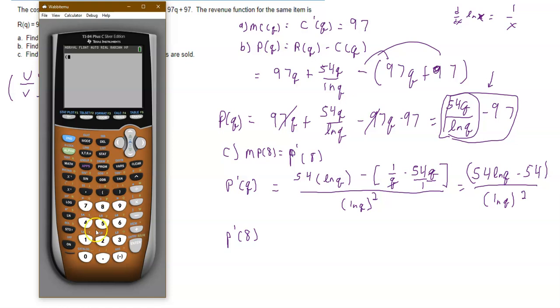So I'm going to do open parentheses, 54, and then log of 8. Then I'm going to subtract 54, and then I'm going to close parentheses. So that is my numerator. Then I'm going to divide by, open parentheses, the log of 8, and I want that squared, and then close parentheses.